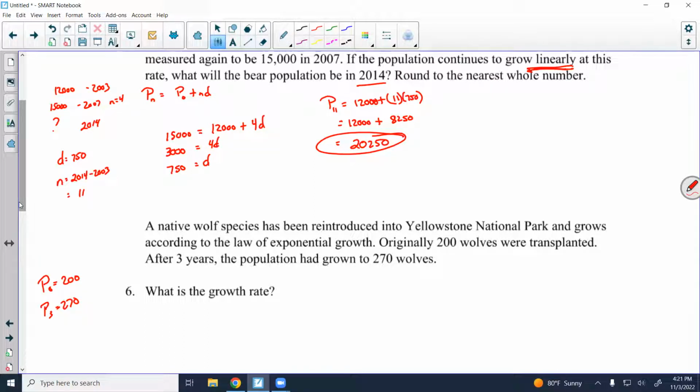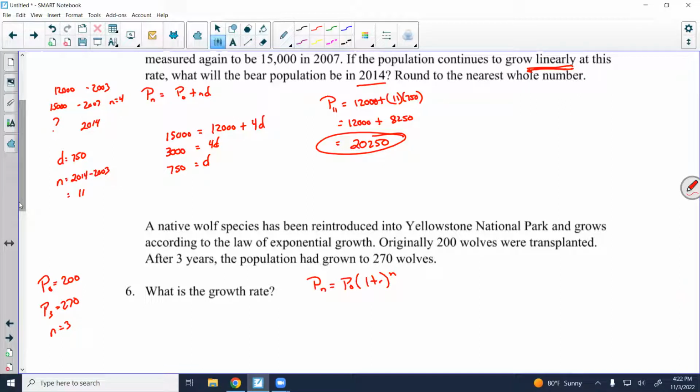And we know our formula for this is P sub n equals P sub 0 times 1 plus R to the n. So we have P sub n, we have P sub 0, and we have n, as n is equal to 3.